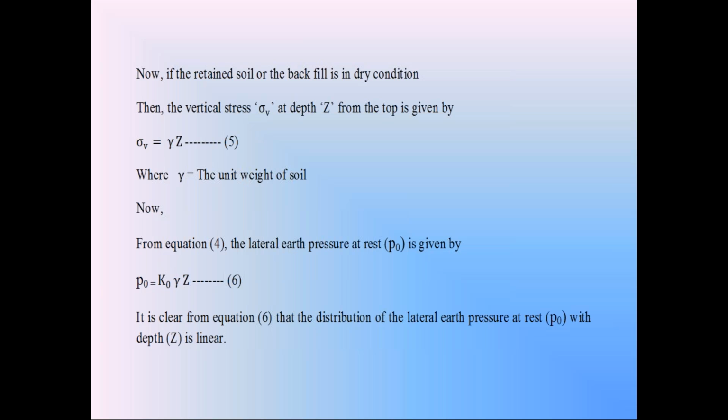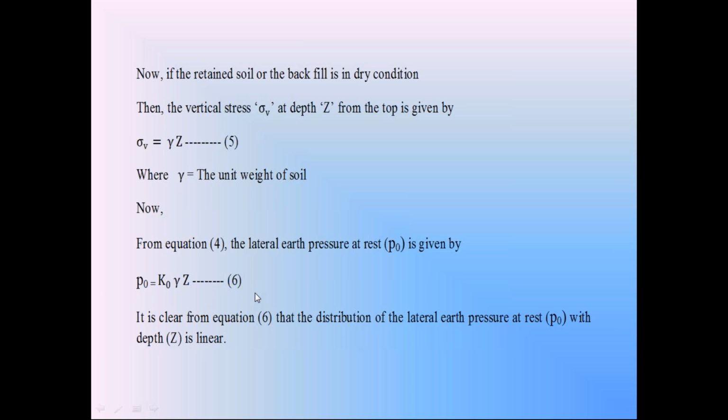Substitute this vertical stress equation in the previous equation and you will get the final form of the earth pressure in the rest condition. P0 is equal to K0 into sigma v, but sigma v is equal to gamma into z. So the at rest horizontal earth pressure on the retaining wall, P0, is equal to K0 into gamma z.